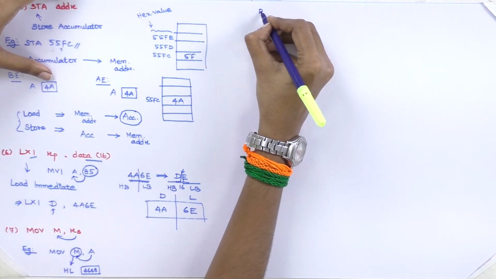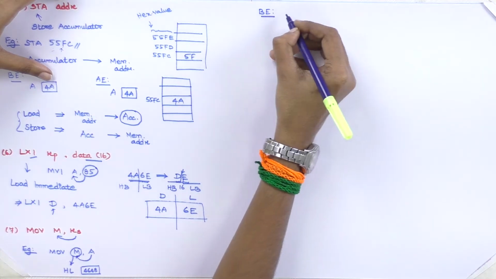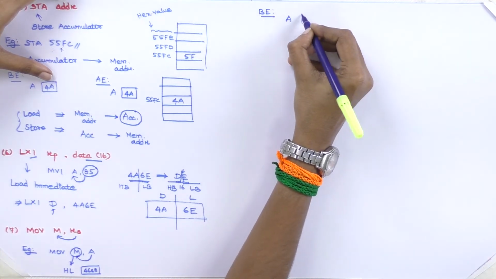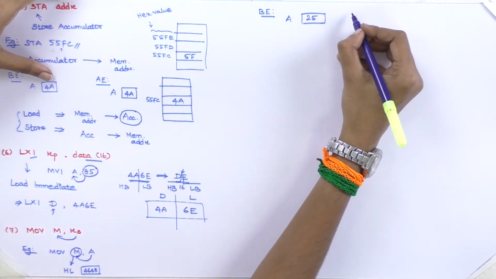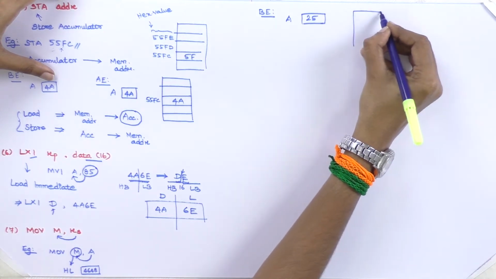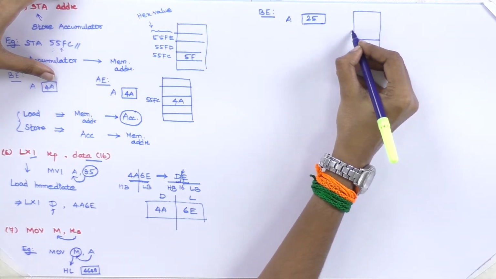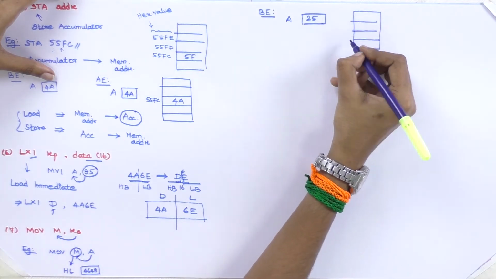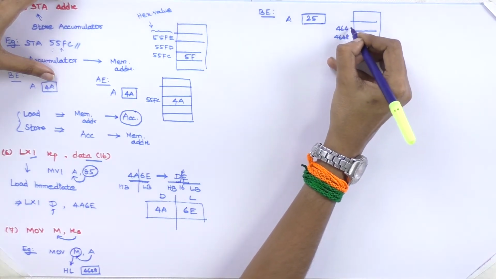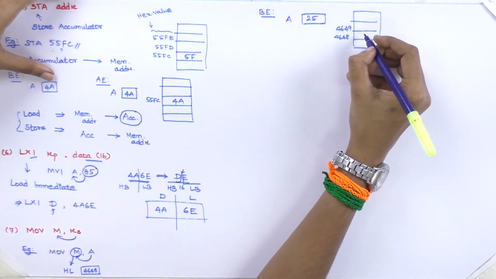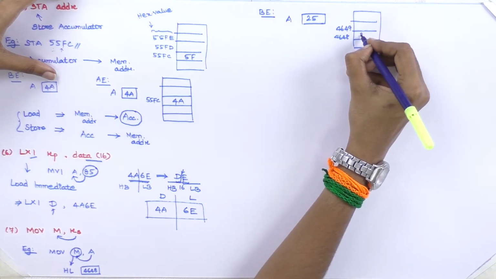For example, before execution, consider the accumulator is having the value of 25 and the memory locations we have used are 4648, 4649. This will have some value, 3A, before execution.